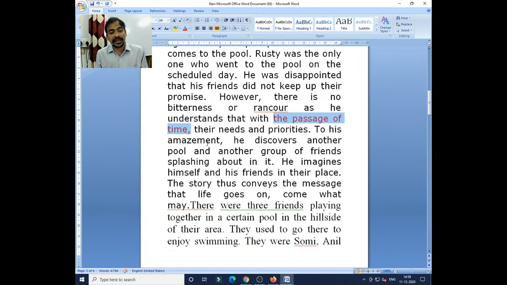He imagines himself and his friends in their place. So the story conveys a message that life goes on, come what may. There were three friends playing together in a certain pool. So the message, another description we can start here.